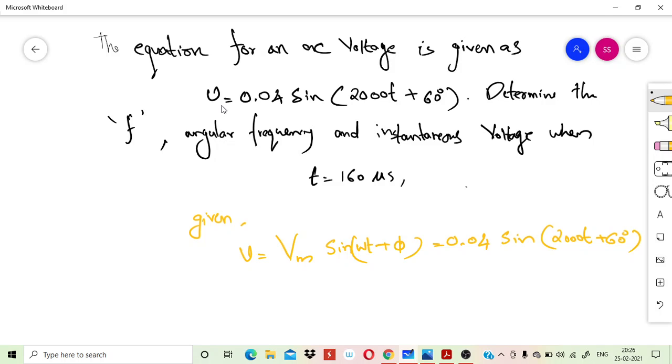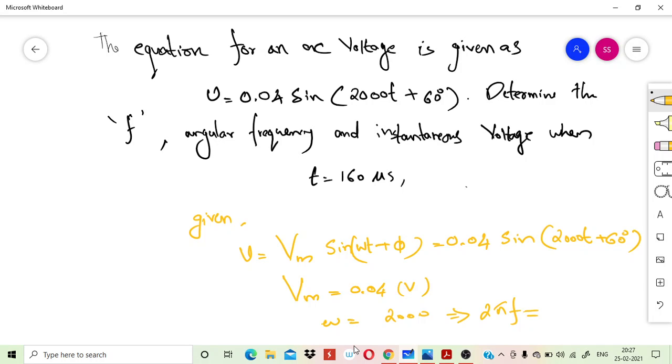On comparison we get Vm equal to 0.04 volt and omega equal to 2000. Omega is nothing but 2 pi f radians per second.